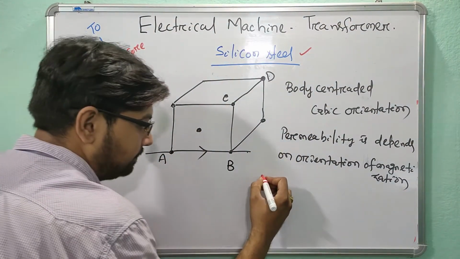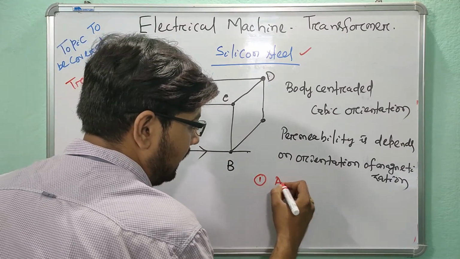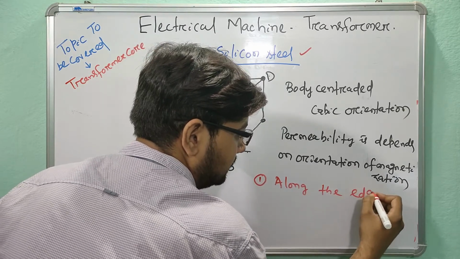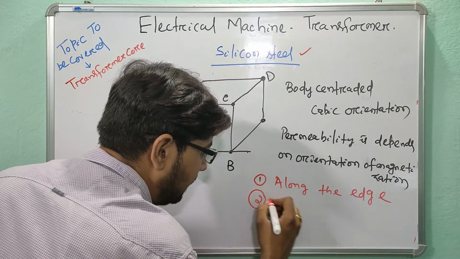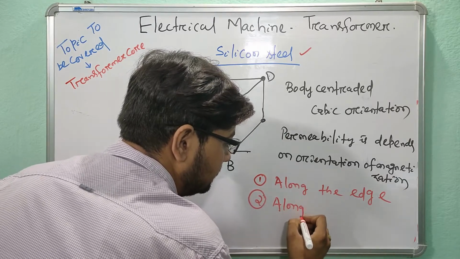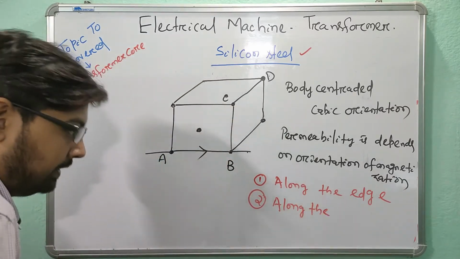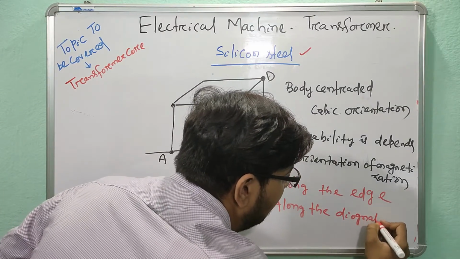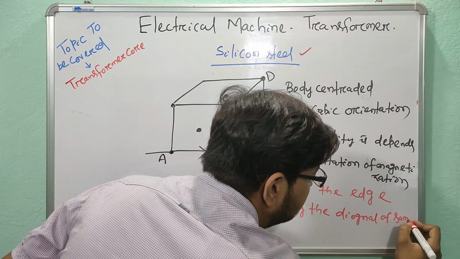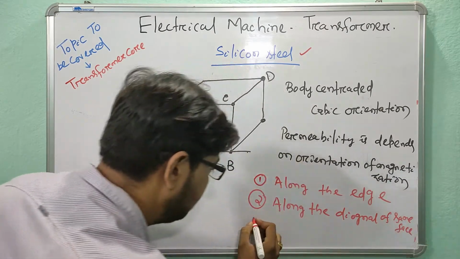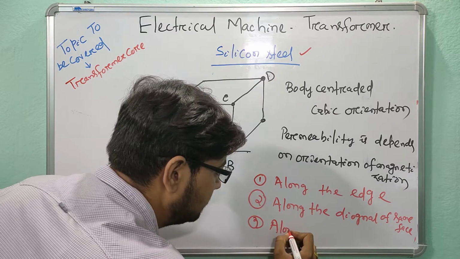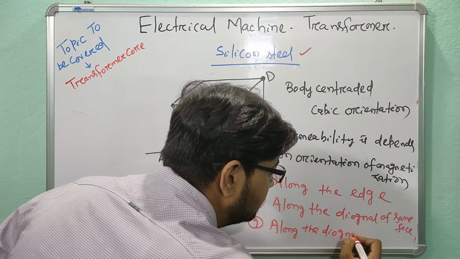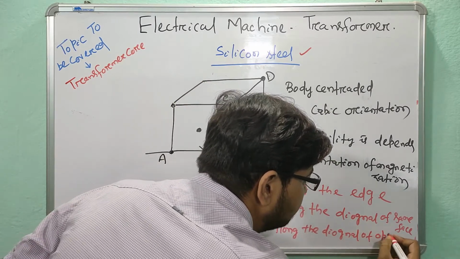Number one is along the edge. Number two is along the diagonal of the same face. Number three is along the diagonal of the opposite face.